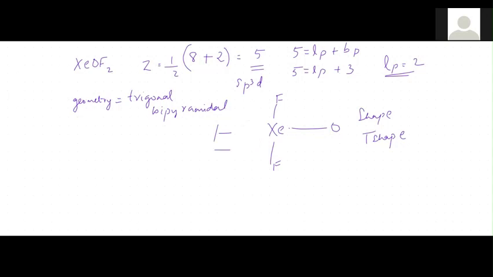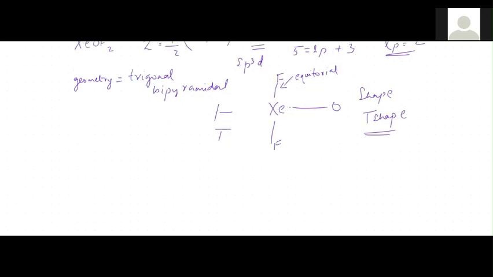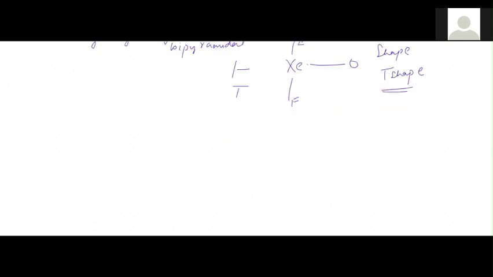So that is the T shape. I placed the fluorine in the equatorial position because fluorine is more electronegative. I hope it is clear. So while talking about the shape, we ignore the lone pairs because shape depends upon only the bond pairs.